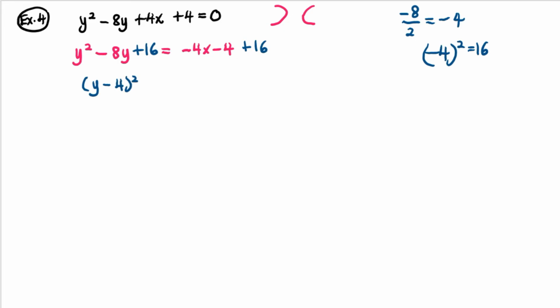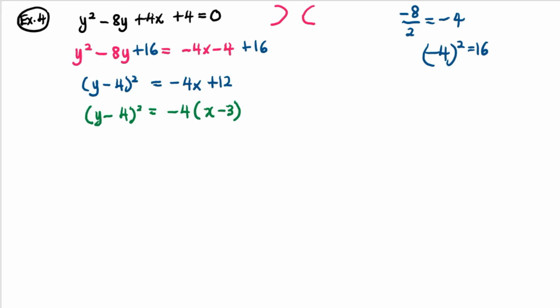If you are not confident with your answer, you can try to expand it, and you should get the same as before. Simplifying the right side, 16 minus 4 is plus 12. Now factorize negative 4, so (y minus 4) squared equals -4 times (x minus 3).